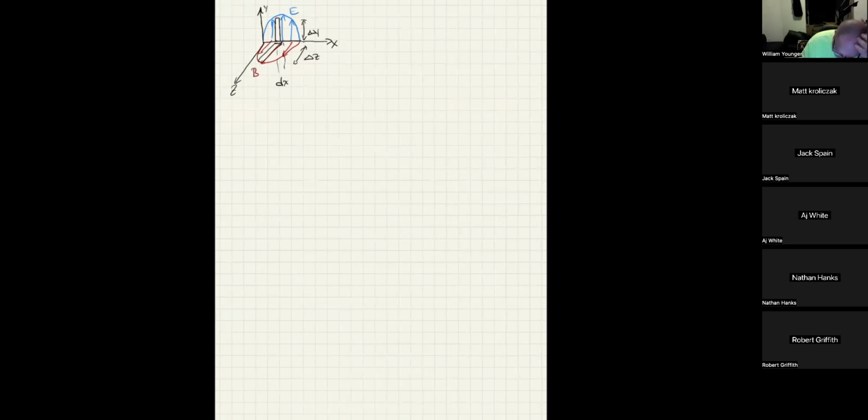And if we use the closed integral of E dot dA, actually, no, I don't want to use that one. If I use the closed integral of E dot dL, and we don't have a current, then I know that it's mu 0 epsilon 0 d phi E over dt.